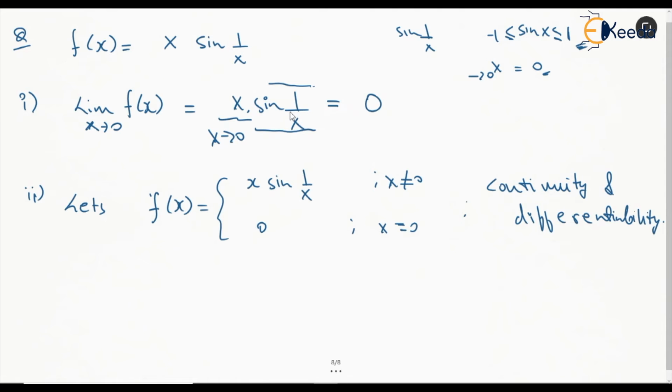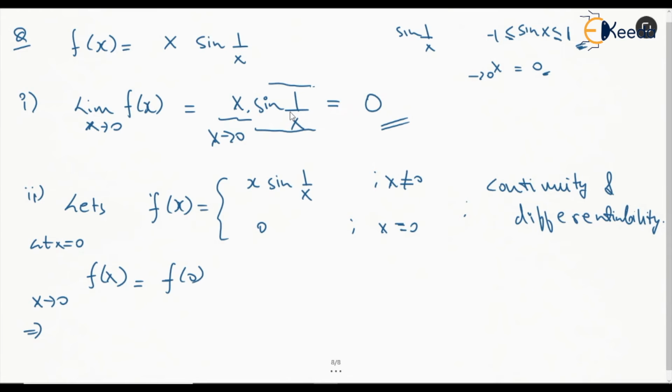Now that we have already found the limit of f of x for x tends to 0, which is 0, we can see that a function is continuous at x equal to 0 if the limit is equal to f of 0.